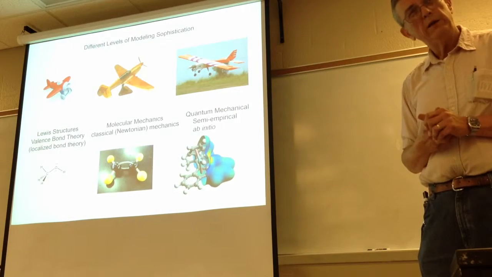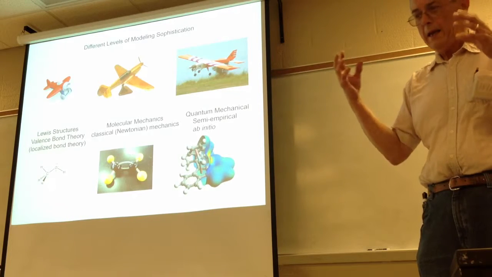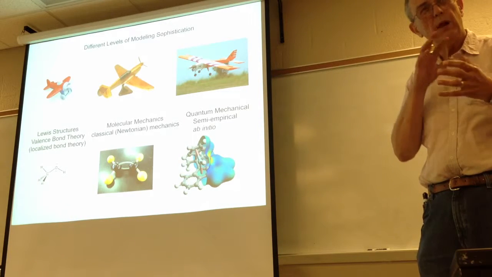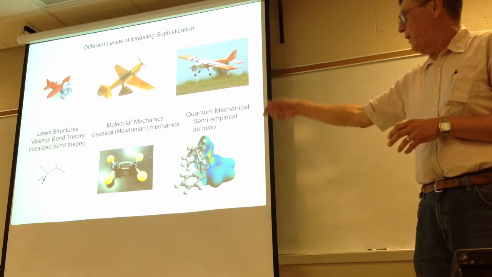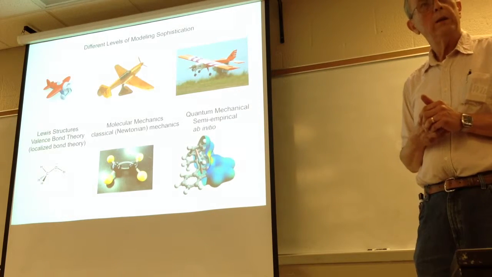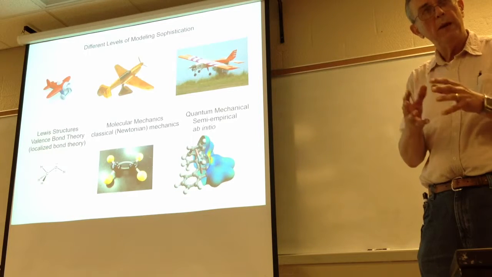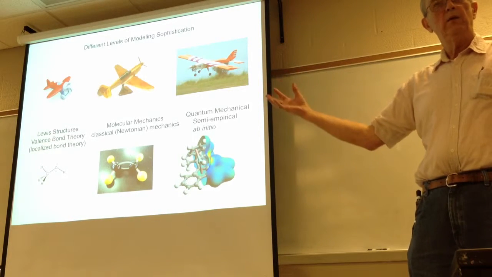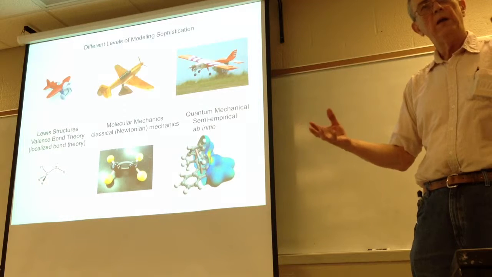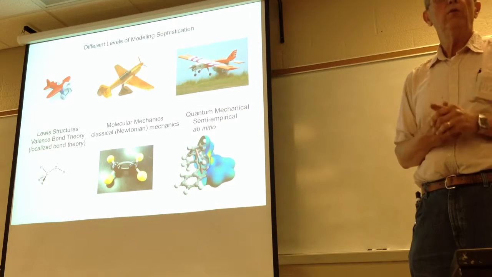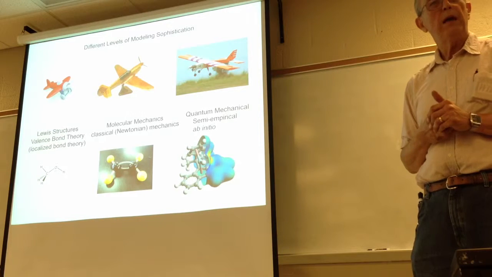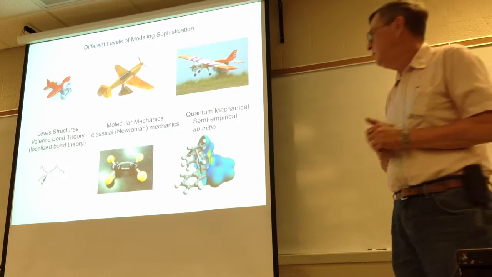So a lot of drug design, for example, looking at how a drug interacts with an enzyme to block it as an inhibitor, a lot of those calculations will use molecular mechanics because it's simple mathematics, so you can deal with a molecule that's got hundreds, thousands of atoms in it and do a reasonably decent job of calculating some of its properties.